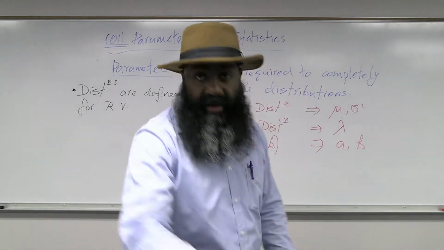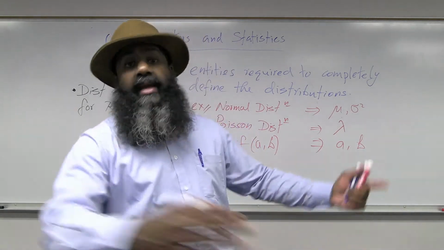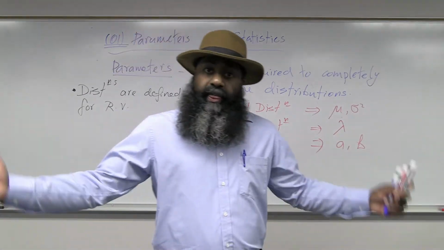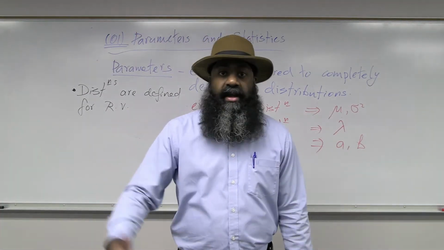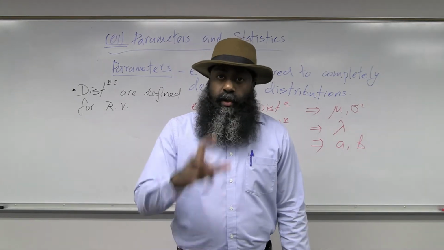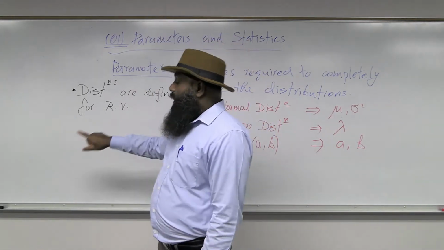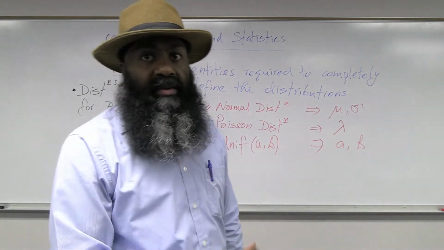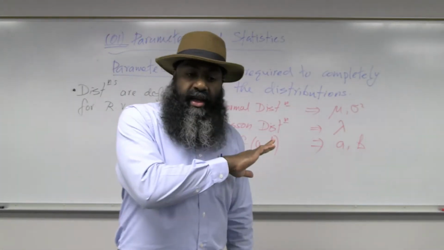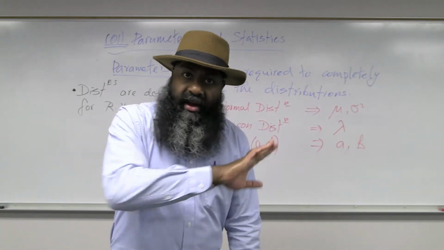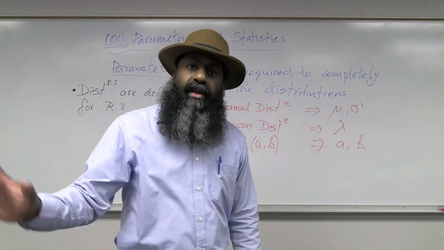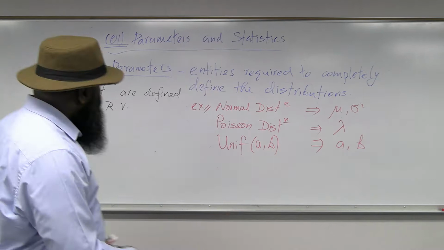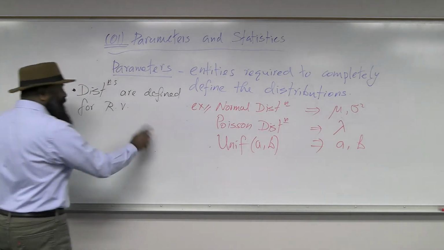I can select 100 locations, I can select 1 million locations, and I can keep taking the temperature at noon today. So, availability of every single data point for a given random variable is almost not true. They're not available for analysis. Okay?